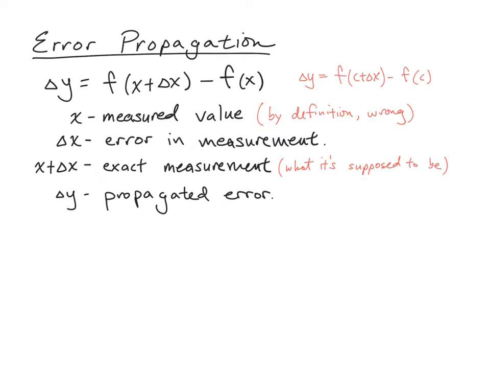Now, in order for us to estimate the propagated error, the delta y, we can use the derivative as we have done in the past. So delta y can be approximated by dy.